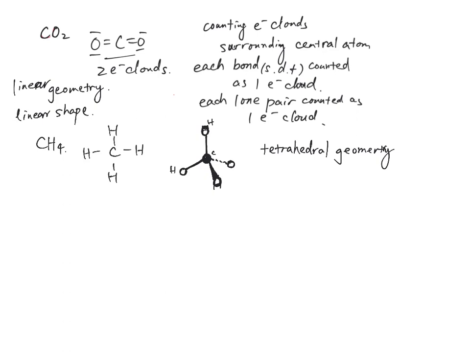Well, what kind of shape is this? For this one, obviously, it's also a tetrahedral shape, because what changes your shape from the geometry is the lone pairs. This one doesn't have any lone pairs.